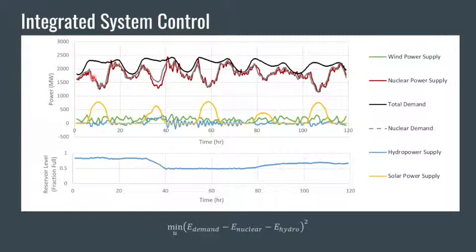Now, the most unique portion of this integrated system is the combination of the hydropower with the nuclear power. What we've done is implement a PID controller that regulates the level of the reservoir at any given time.